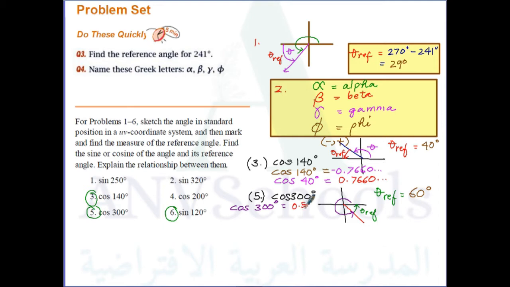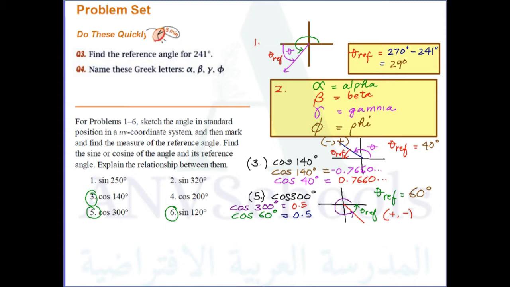And we are on quadrant 4, remember. So we have positive cosine, negative sine. So what is my cosine of 60 degrees? Well, we might be surprised, they will have the same value. So cosine of 60 is equal to 0.5 also. They have the same value.